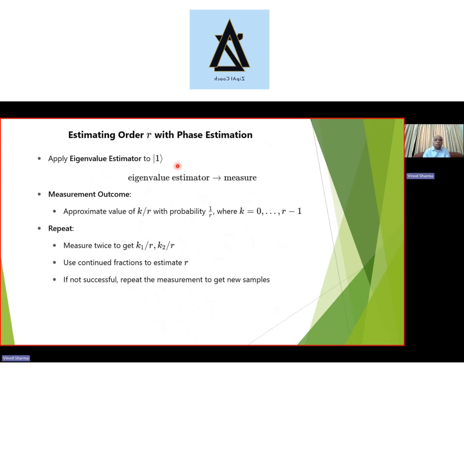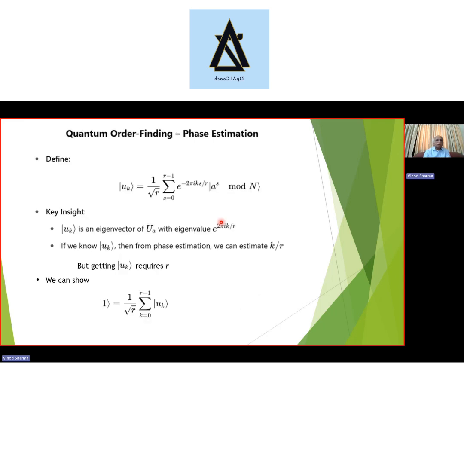So using that fact, putting this as the input to the phase estimator and making the measurements, we get approximately k by r with probability 1 by r, because the probabilities corresponding to the eigenvalues will be 1 by r.